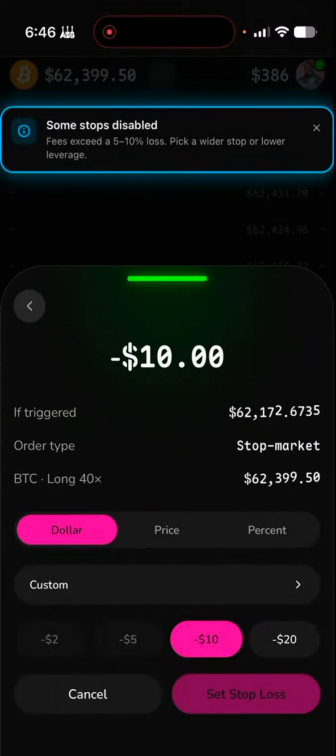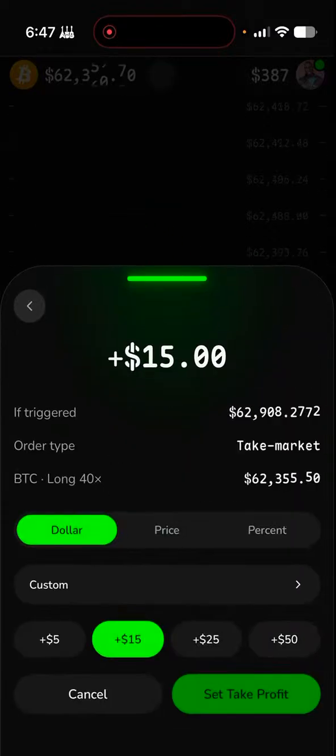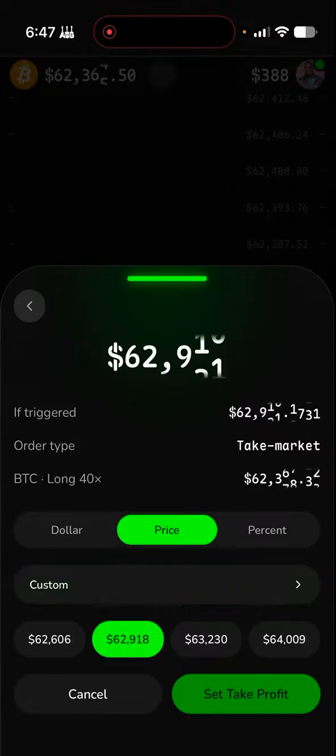You can set a stop loss, and the stop loss can be configured here. You can set it either by dollar or by price or by percent. And then you can also set a take profit, by dollar, by price, or by percent as well.